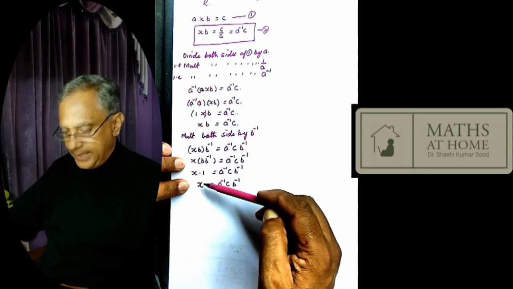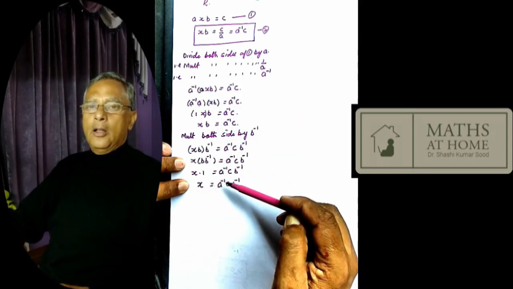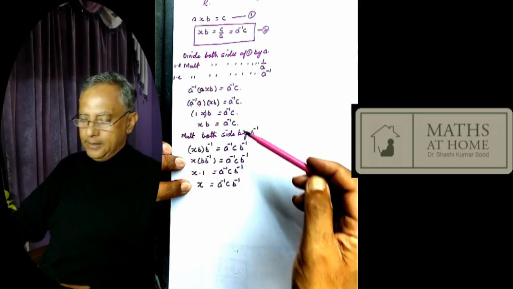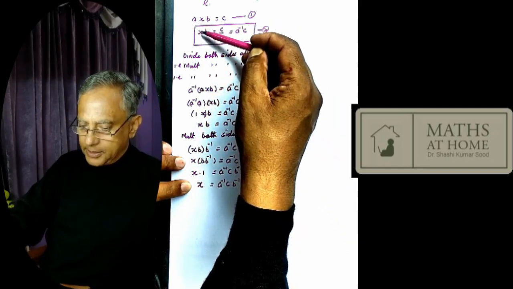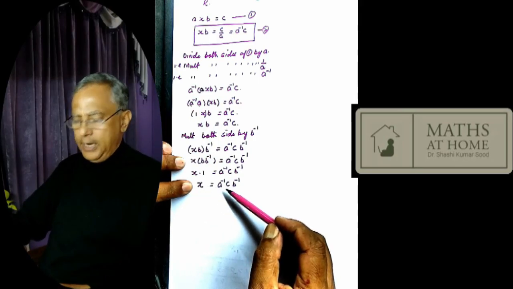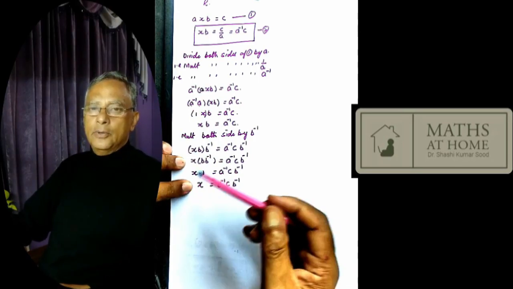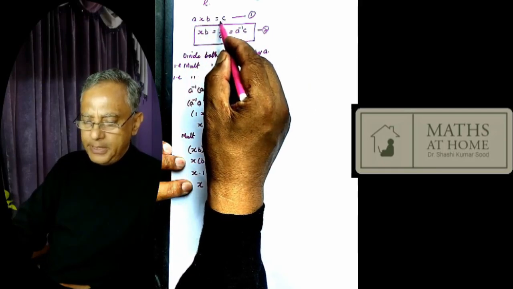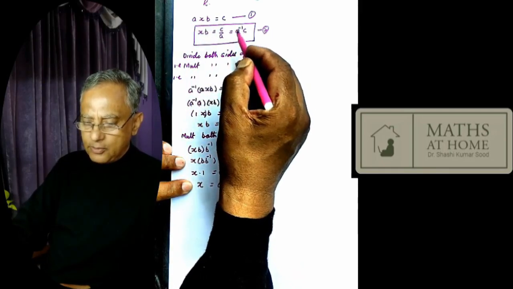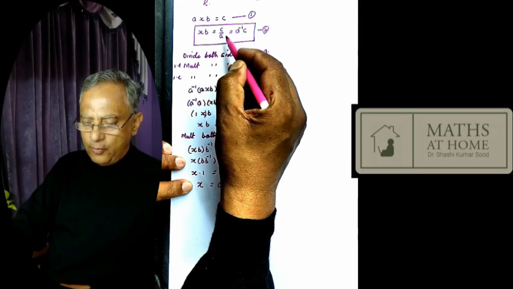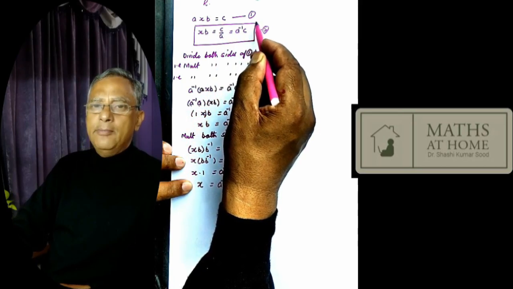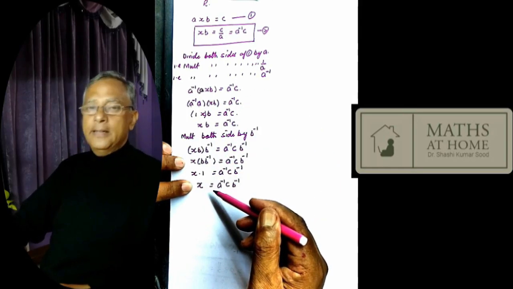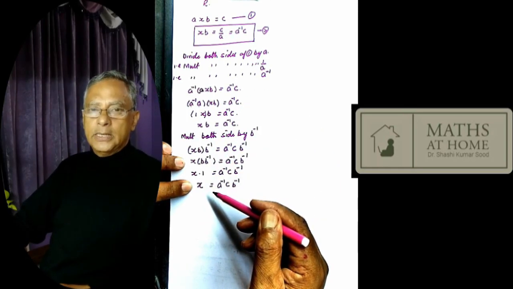So these are the various mathematical operations or properties involved in getting this equation solved for X. We generally directly do: AXB is equal to C, therefore X is equal to C over AB, that is A inverse C B inverse. But these are the various properties used.